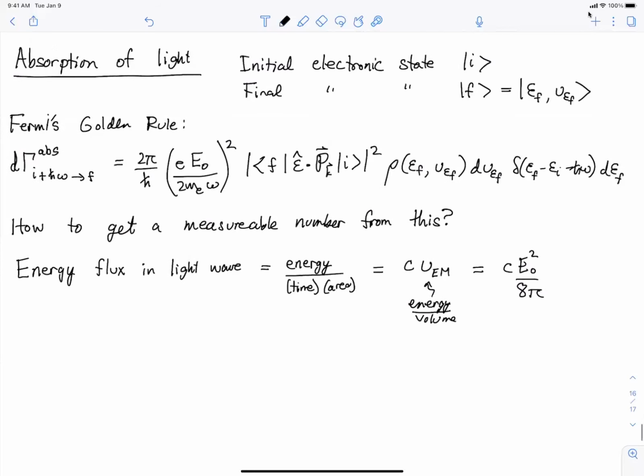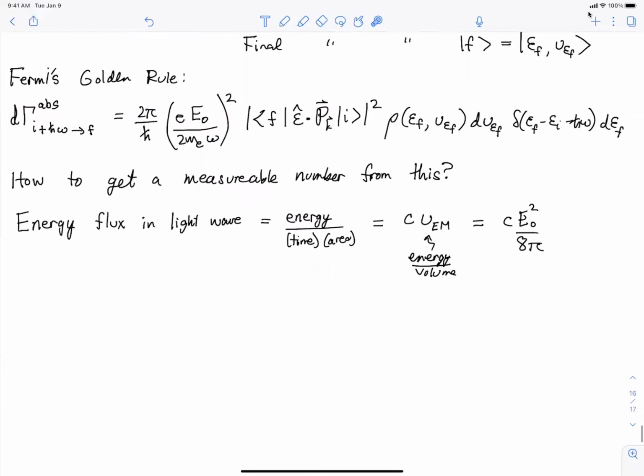So if we stare at that, we realize a nice fact. The energy flux that's present in the wave we sent in is proportional to E0 squared. And the rate for transitions is proportional to E0 squared, which makes sense. If we make E0 bigger, then we should get more transitions.